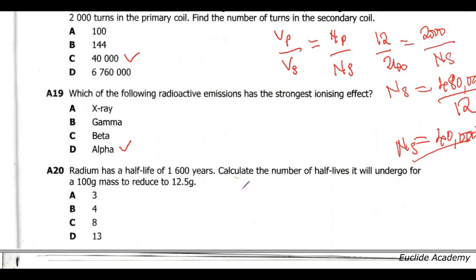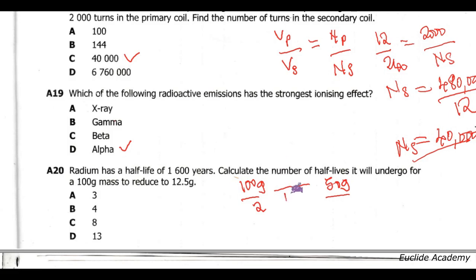So half-life is the number of years it takes for half of a radioactive substance to disintegrate. The number of years it takes for this to come to half is what we call the half-life. So if you have 100 grams, half of that is 50 grams. So the half-life is the number of years it took for these 100 grams to come to 50 grams.